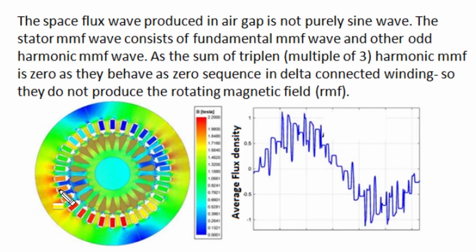If we have a distributed short-pitched and balanced three-phase space displaced winding and it is excited by a balanced three-phase time displaced excitation, then in the air gap space between stator and rotor we will have a sinusoidal flux distribution which has a constant magnitude and a constant rotating nature.